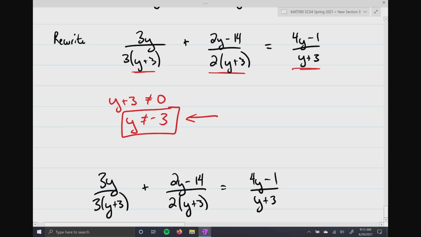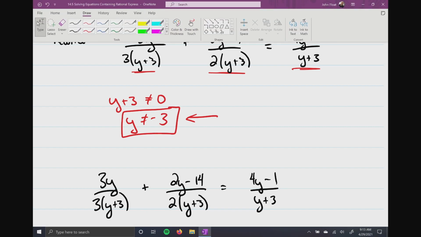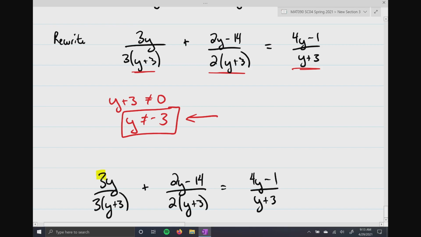Does anybody see anything? I mean, I see it. Would you like a hint? You want a hint? What can I do with those two numbers?